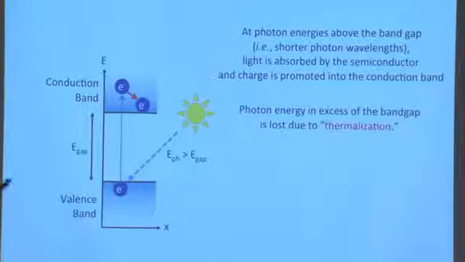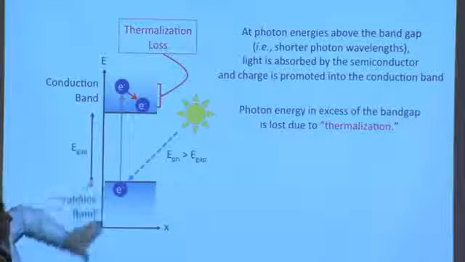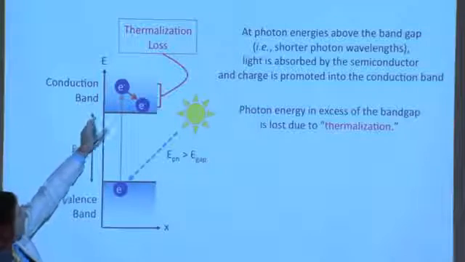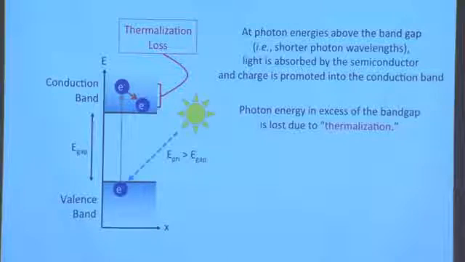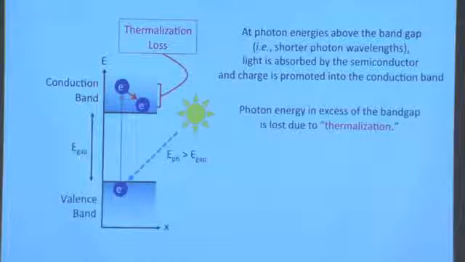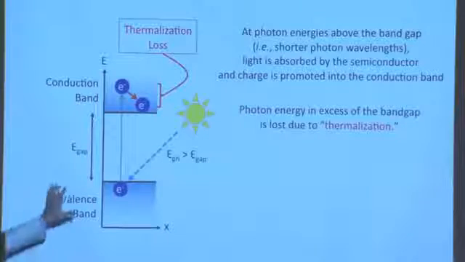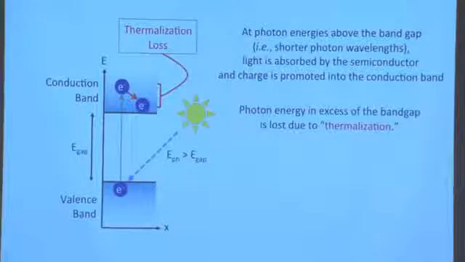And this little arrow shown in red right here has a component in the y-axis, in E space here, which is a finite energy. We can quantify that. That thermalization loss right there is the difference between this energy level and that energy level of the electron. That is another type of loss in a semiconductor crystal. So we've discussed two so far.